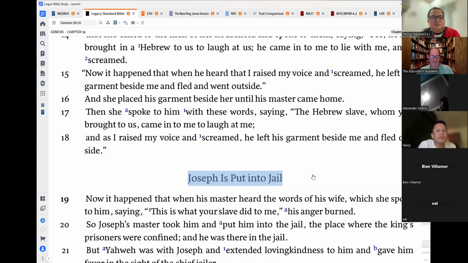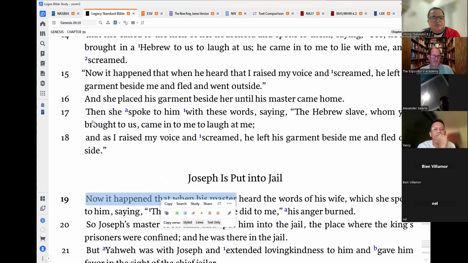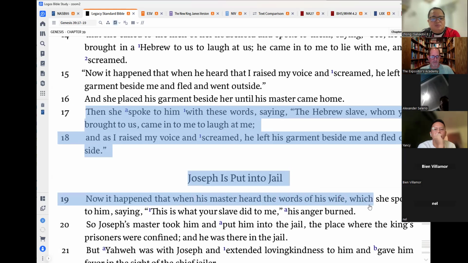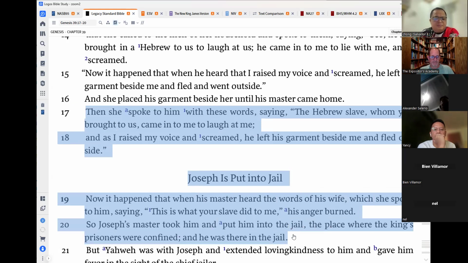You're going to have to ignore the title; this is the translators. They put this title in, but I don't think they should have done that, because 19 immediately follows 18. In 17 and 18, she's telling her husband what happened, at least her story. And then verse 19, the master responds and then puts Joseph in jail.